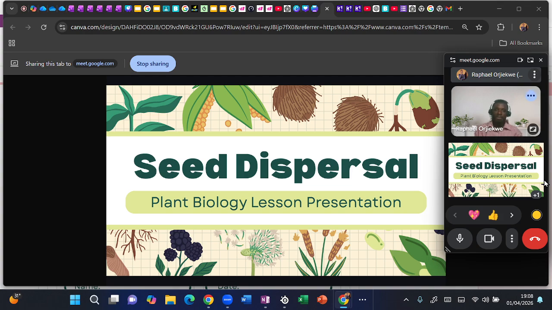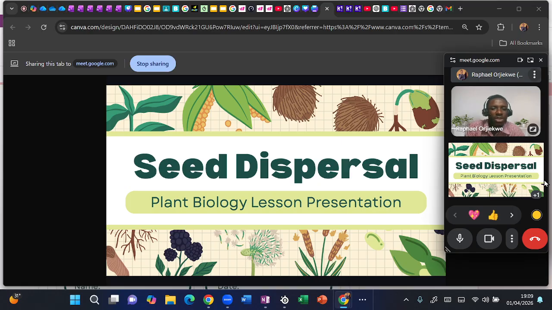We talked about that the ovary could turn to fruits, and within the fruits there will be seed. That's exactly what happens. So that's how tomatoes form, pepper, that's how they form. That's how mangoes, oranges, watermelon, that's how they form. They form through this process of pollination and fertilization to produce seed.